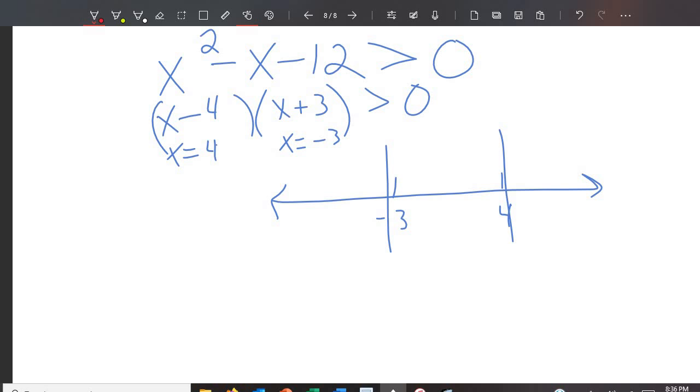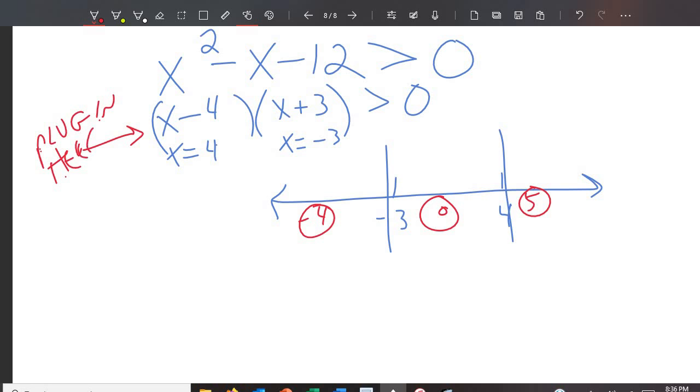Choose my test values. Let's use negative 4 for this side, 0 in the middle, and 5 on this side. Now remember, plug them in here. And not only that, but remember, this time we want it to be positive. So I'm looking for my answer to give me positive when I plug it in. So let's take the negative 4 and put it in the parentheses.